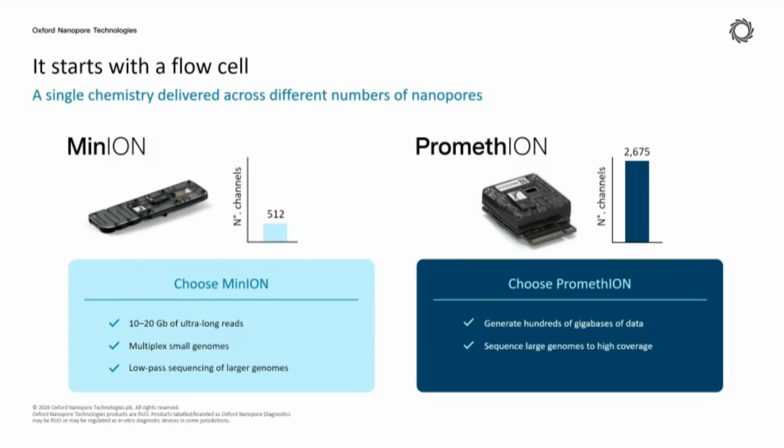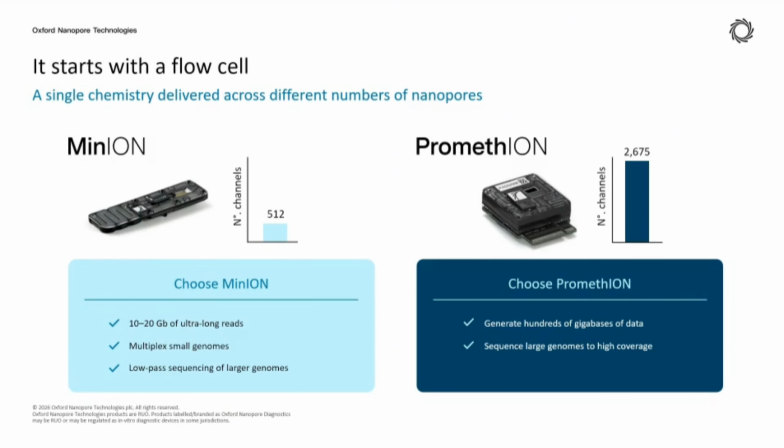For the MinION on the left, we expect it to generate around 10 GB to 20 GB of data per sequencing run. For some applications like human genome sequencing, we need more than 10 or 20 GB of data.